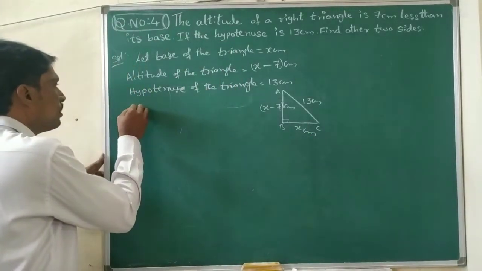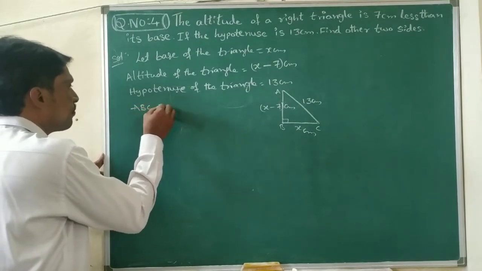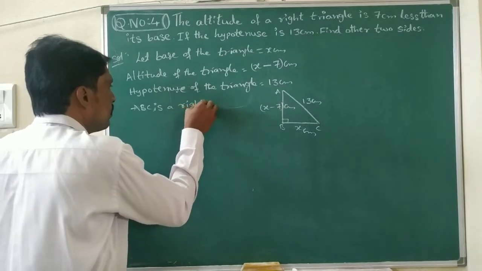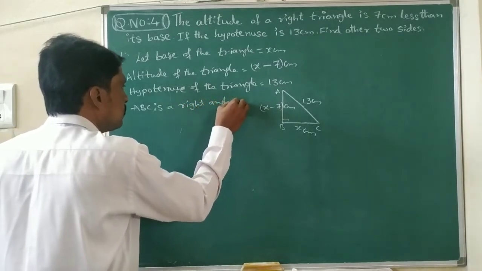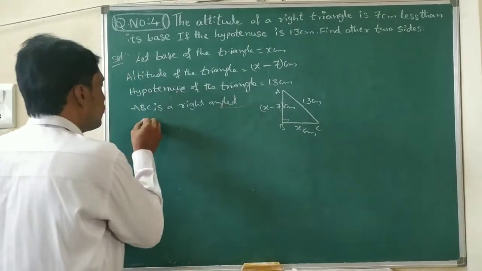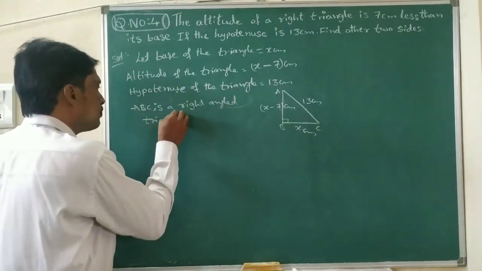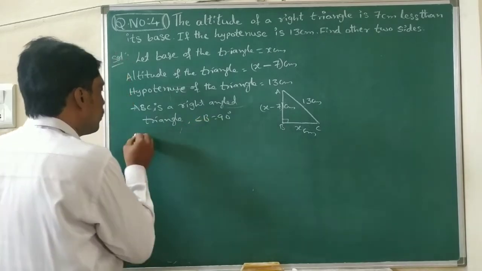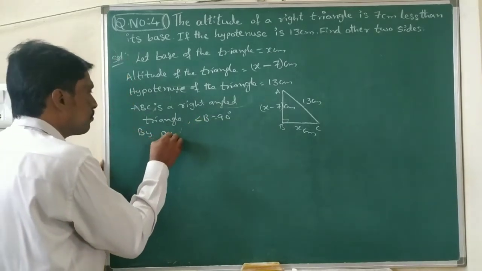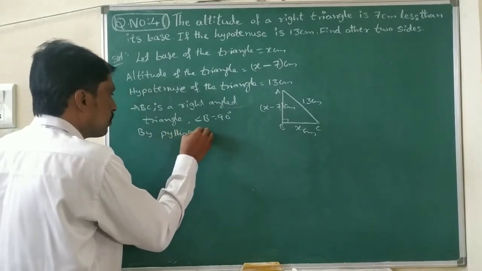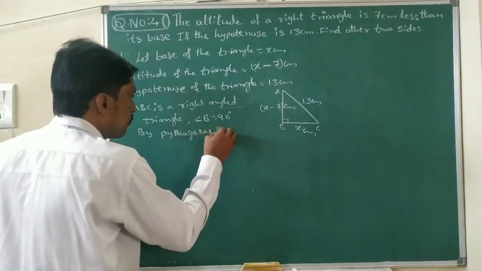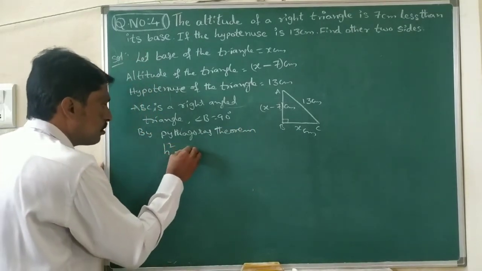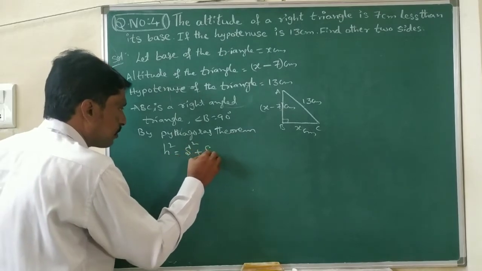Now, ABC is a right angle triangle, angle B equal 90 degrees. By Pythagoras theorem, hypotenuse square equals side square plus side square.